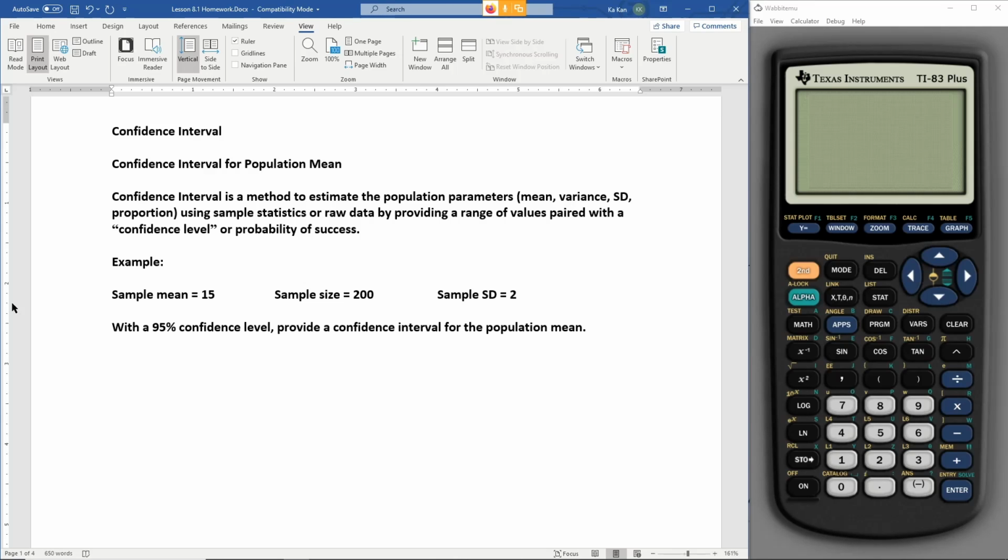Well, remember I said this before. A sample is basically what you go and survey. So let's say you go survey, in this case, 200 people. Maybe they're all school age students, right? You ask 200 of them how old they are, and you got the average to be 15, and the standard deviation to be 2.